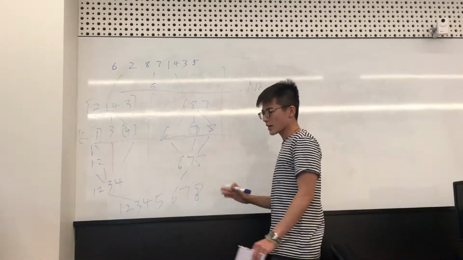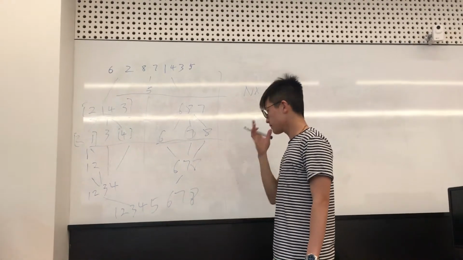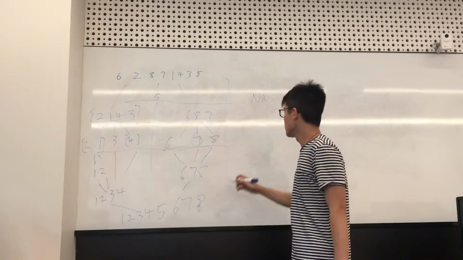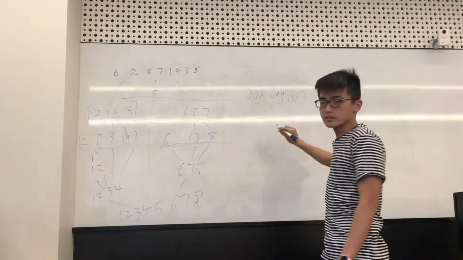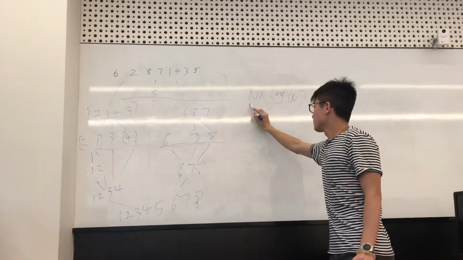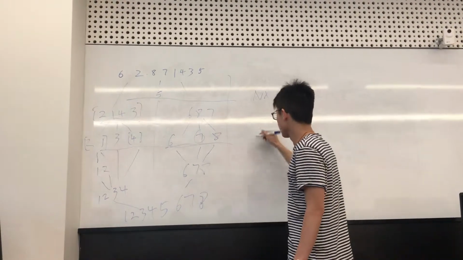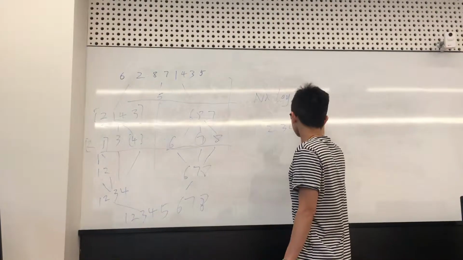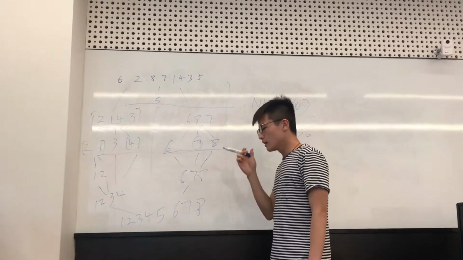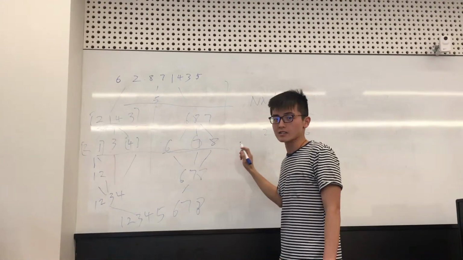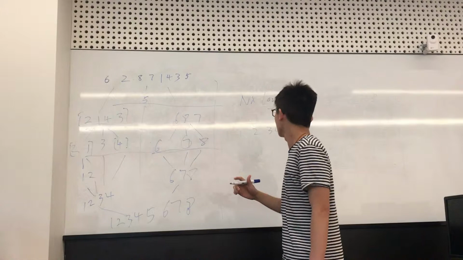Ideally, as we expected, the best condition is that the number of levels is log n. That's the best and ideal condition, but it can't always be the condition you want. There are some conditions you don't want, like if we always choose the smallest number in the list as our pivot, we will get n levels.